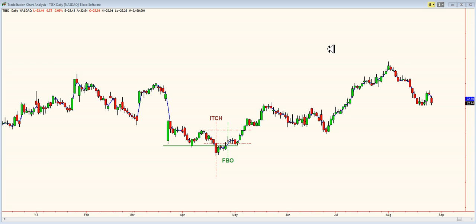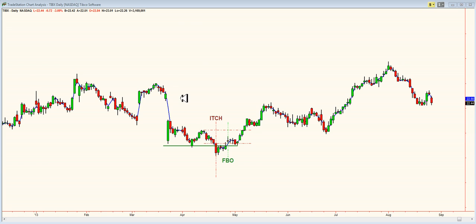Our TradeStation workspace with our indicators will actually fire the false breakout from the downside. We'll fire green, fire a crosshair. Oftentimes the false breakout is associated with our in the crosshair trending indicator.